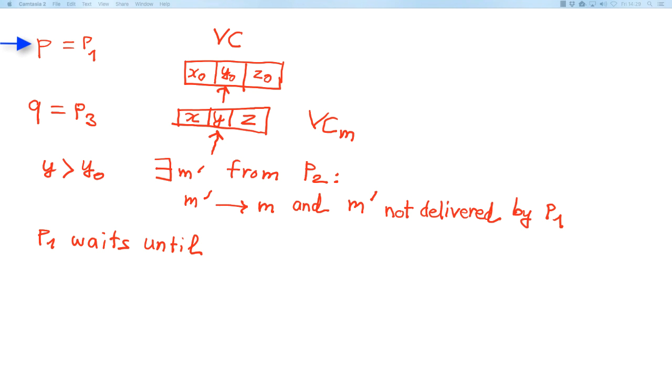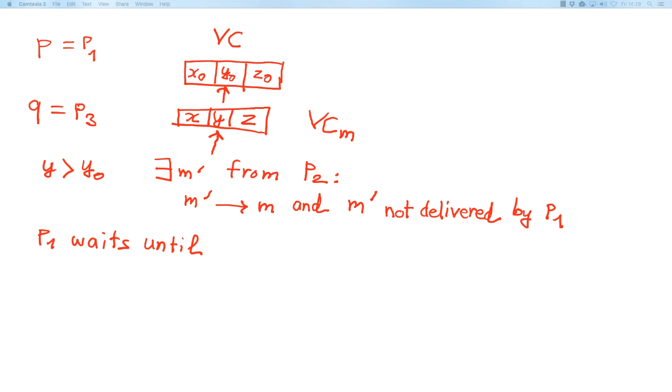So assume we have three processes, P1 to P3. P is P1 and Q is P3. P1 has an associated vector clock, and Q has an associated message, which includes the vector with the values x, y, and z. Now, if y is greater than y0, it means there is a message m prime, say from P2, such that m prime precedes m, and m is not yet delivered by P1.